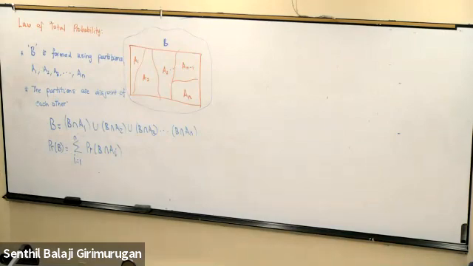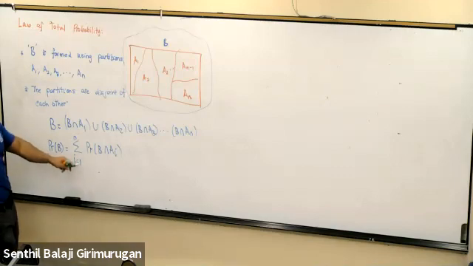Do you need to have the B intersect there since it's kind of given, since each A sub I is a partition of B? Yeah, I need that B there, the intersection, because I'm trying to get to Bayes' rule using the law of total probability. So how is that different from writing probability of A sub I, the union of A sub I? What is the difference between writing it as probability of B intersect A sub I and probability of A sub I?